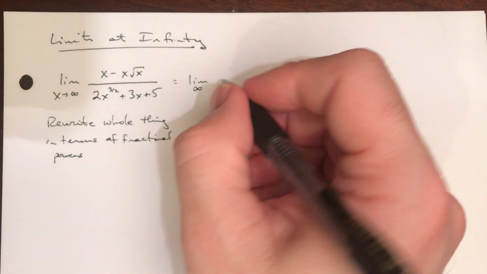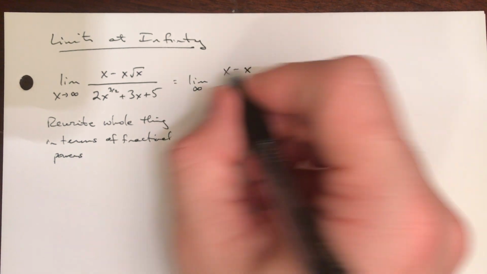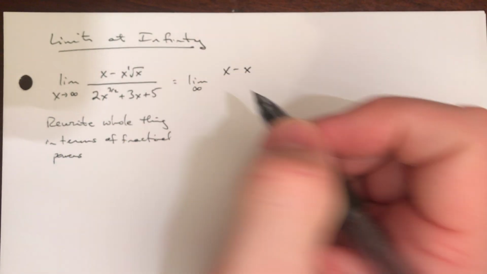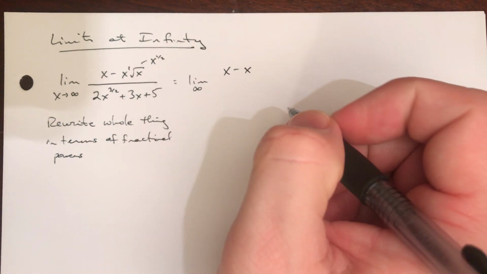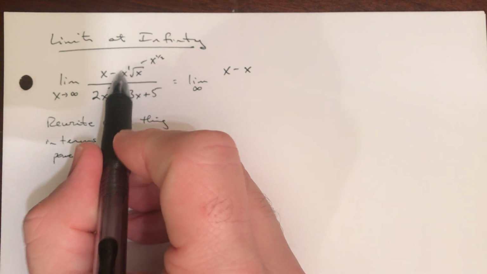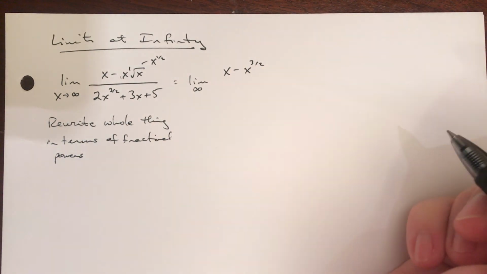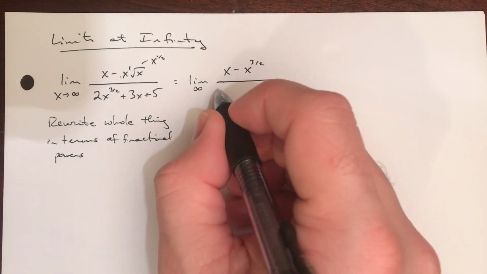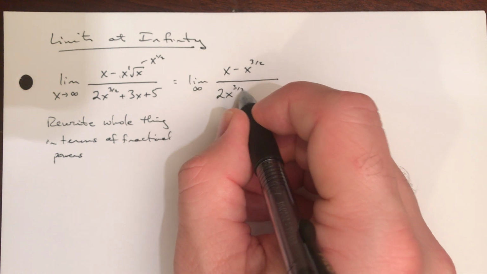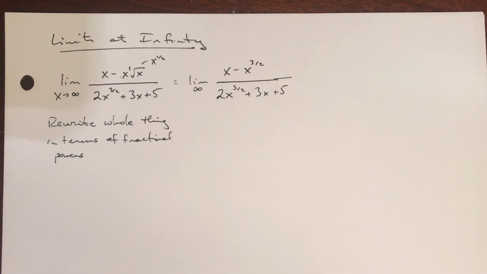And now we want the limit as x goes to infinity of x minus x. Well, let's see. This x is really x to the first. We know the square root of x is really x to the 1/2. What do we do when we multiply something with an exponent by something else with an exponent? We add those exponents to get x to the 3 halves, all divided by 2x to the 3 halves plus 3x plus 5.